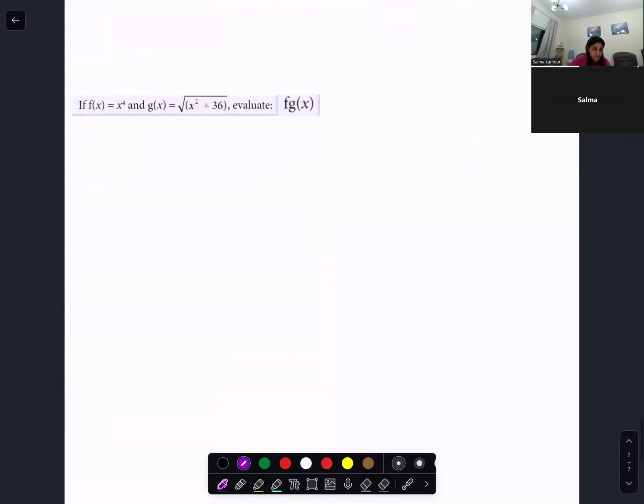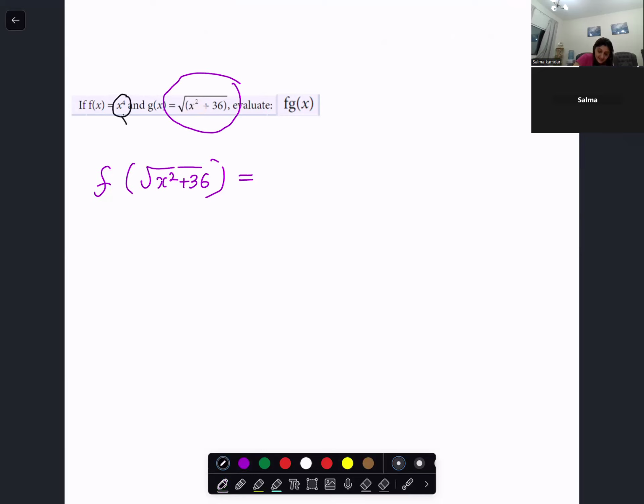I'll do one more sum for you. F of g(x). G(x) is this. So it would be root of x square plus 36. Your function is x^4. But instead of x, I am going to put the value of g(x), that is root of x square plus 36, the whole raised to 4.